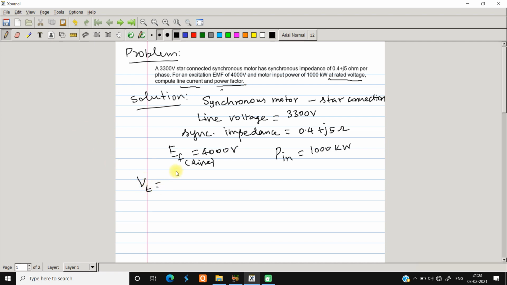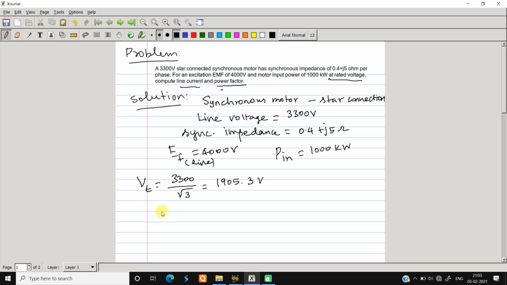So VT, the line voltage, has been given as 3300 volt. Since we need to use the per phase values, we will be dividing this by root 3. So the value will be 1905.3 volts.